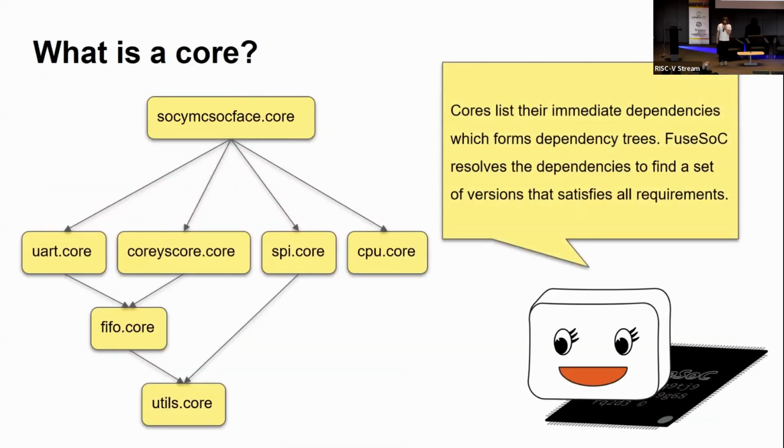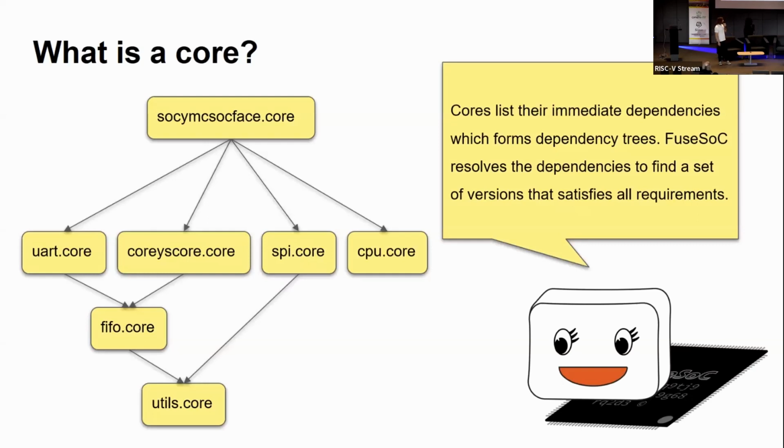So the core description files describe the core, but they also describe the relationship between cores. And this is called dependency management. And when you build up your design, it's a hierarchical thing. You have your top level, which instantiates some kind of functional blocks, which in turn might instantiate other kinds of blocks, and you might have some common utility designs.